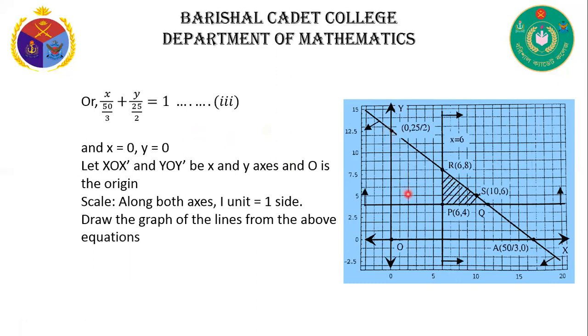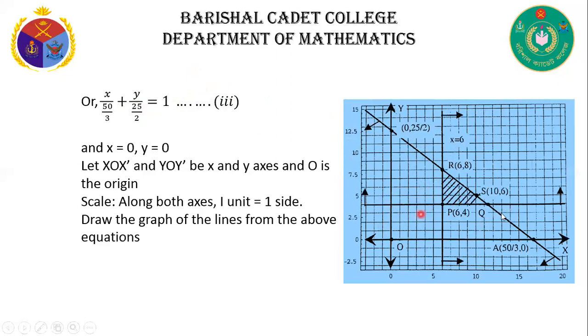Now we determine the direction of these 3 lines. Here x is equal to 6, or x greater than or equal to 6. If we put x equal to 0, then it is not true. That's why the direction is the other side of the line. And for inequality 3, if we put 0, 0, it is true. That's why this direction is towards the origin.